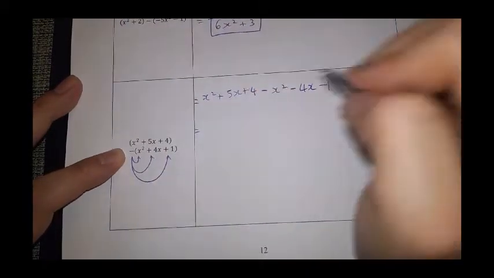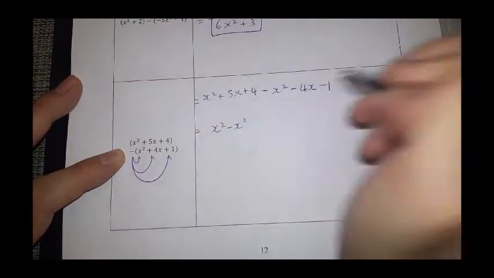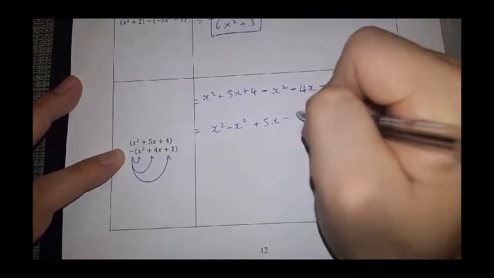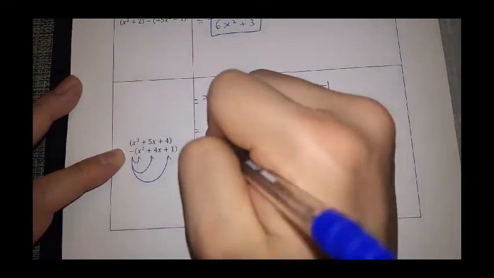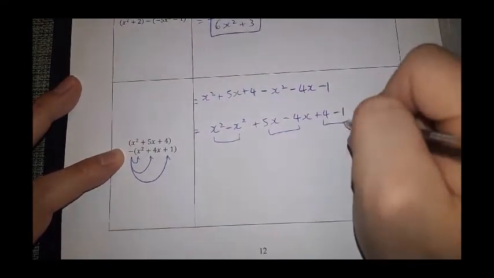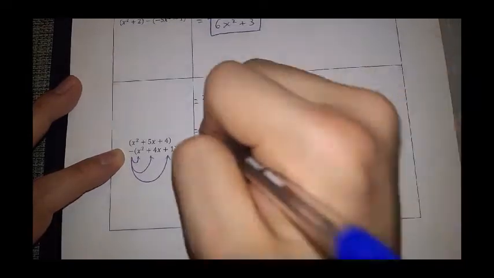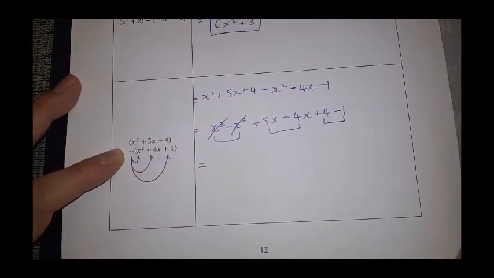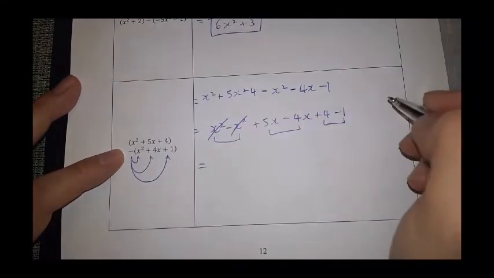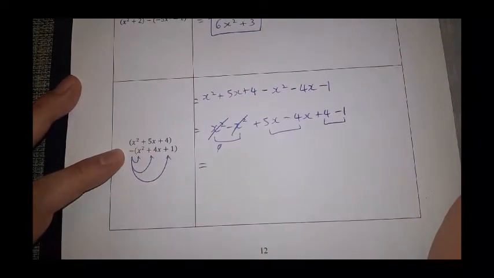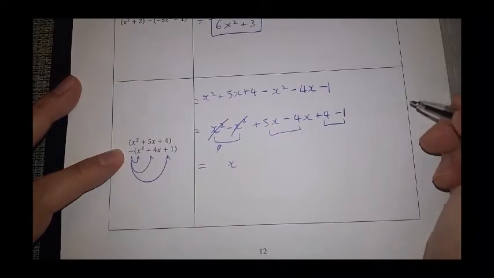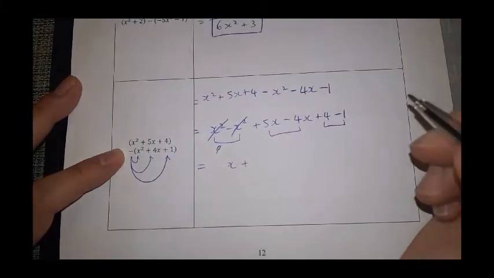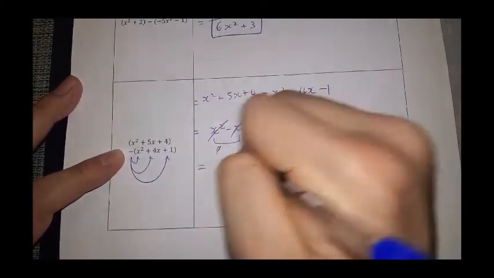Rearrange the like terms. x squared minus x squared plus 5x minus 4x plus 4 minus 1. In this way, I can calculate like terms together. Fortunately, positive and negative x squared cancel out to 0. And we don't need to write down the 0. 5x minus 4x gives you just positive x, plus 4 minus 1, which becomes positive 3.